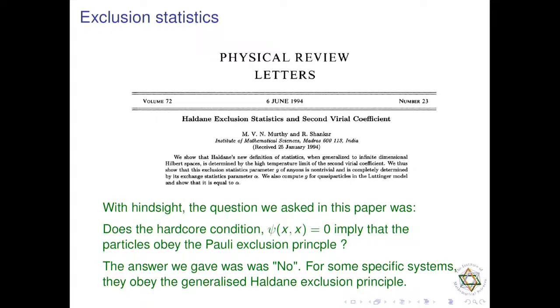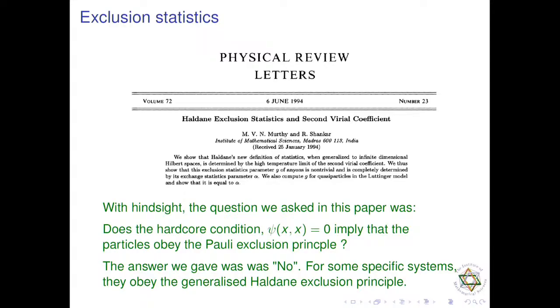Then this is the work where we computed the exclusion statistics of anyons. With hindsight, we didn't write the paper in this spirit, but what we are asking here is: suppose there are particles satisfying the Hartree condition, that is, they cannot sit at the same point.